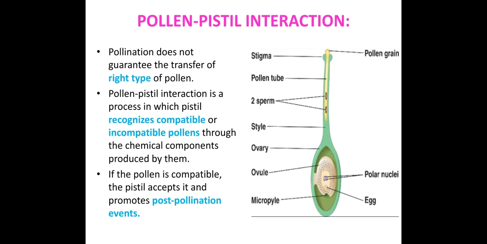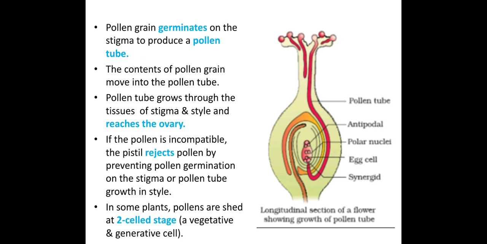If the pollen is good, here you can see in the diagram how the pollen has fallen on a stigma and the pistil has recognized that the pollen is compatible, and it has allowed pollen germination and then tube growth. After being compatible, the pollen grain germinates on the stigma and produces the pollen tube.